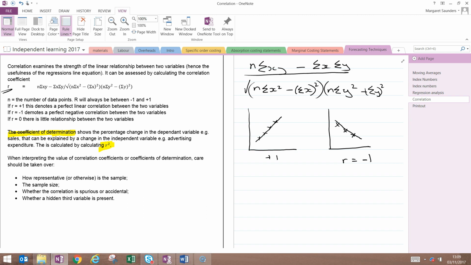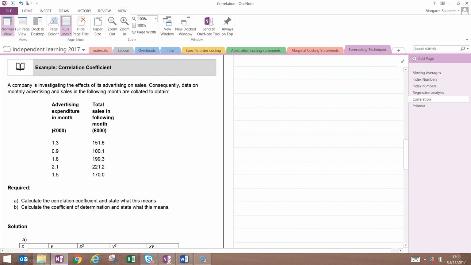We'll now look at an example of calculating a value for r and for r squared. Here we have a company that is investigating the effects of its advertising on sales. So our sales will depend upon the advertising.